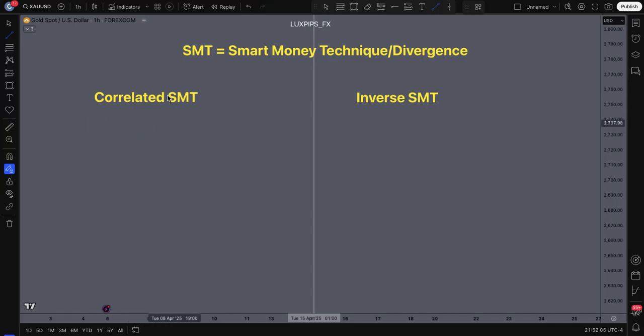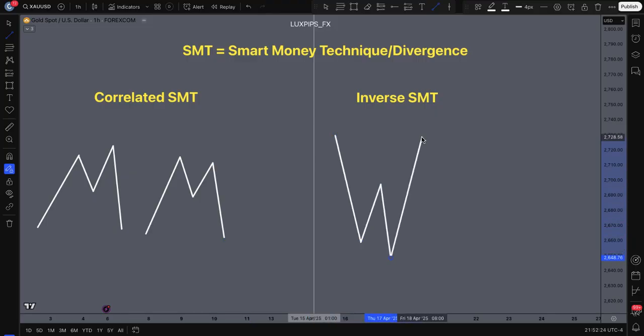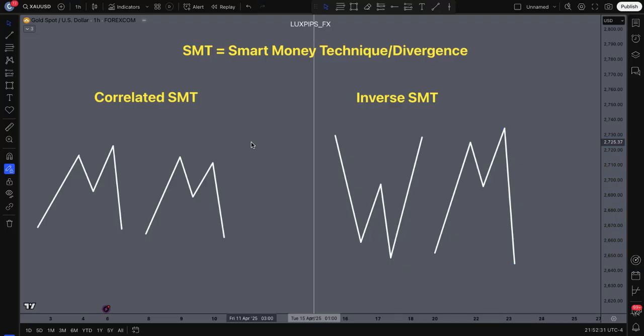So correlated pairs, this is what we want to see. For inverse pairs, this is what you want to see. So basically, let's say that this is gold.